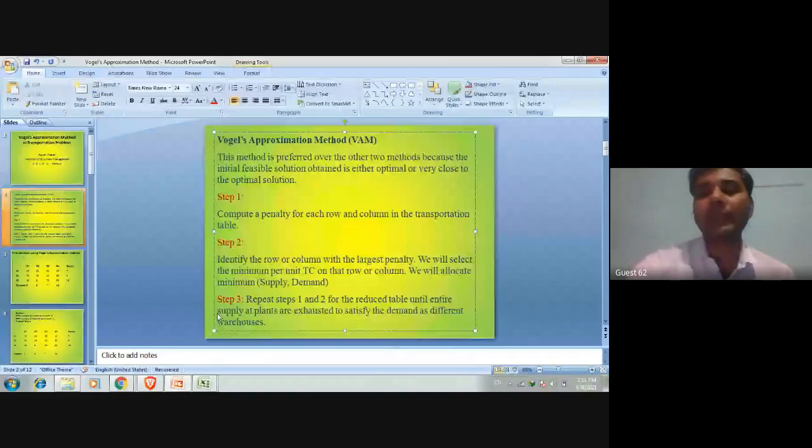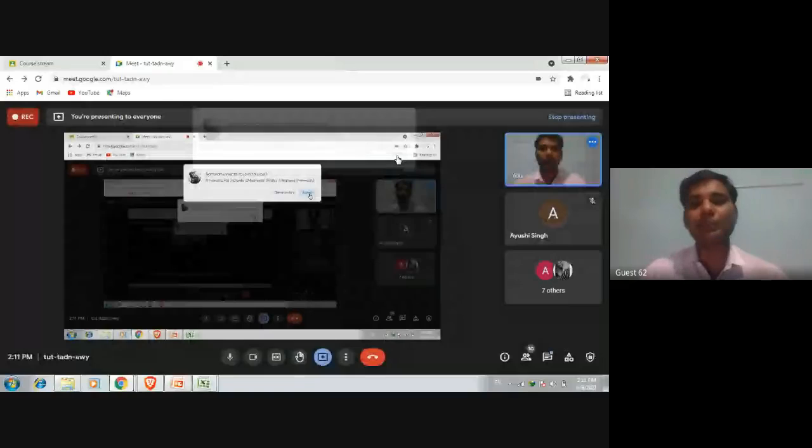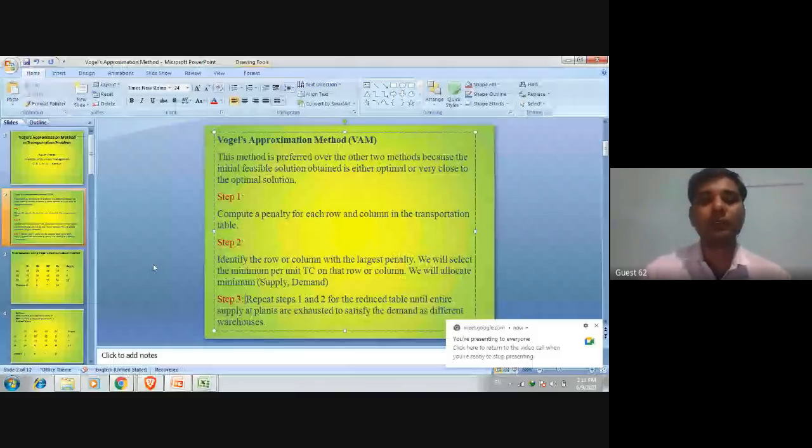Again go to steps 1 and 2. These are the steps of solving the WAM method. Now let us see an example.